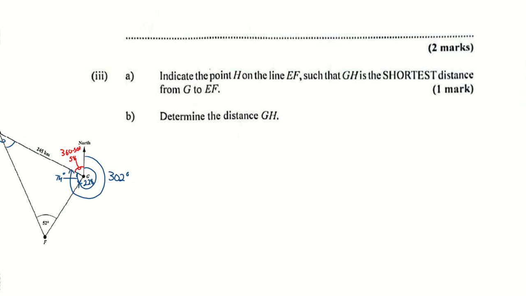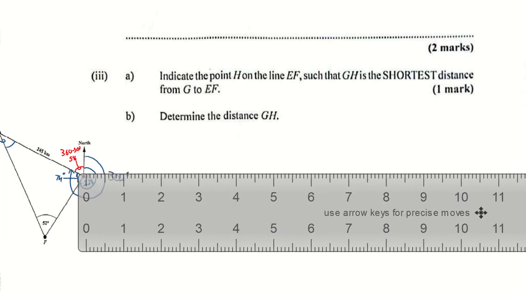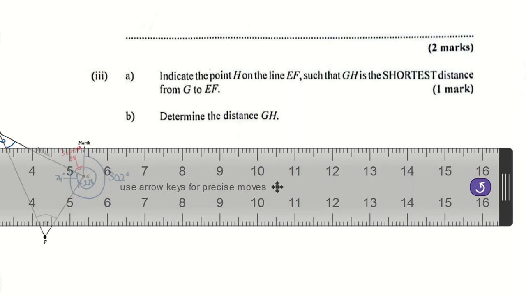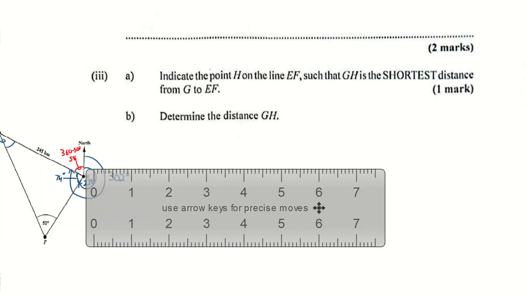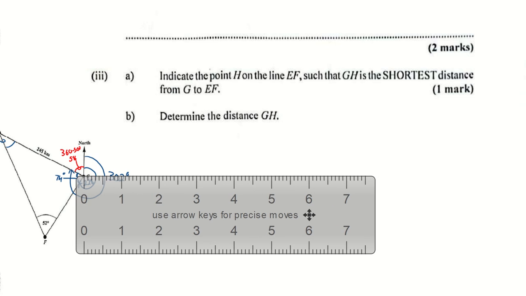Now, it's up to you. You can use a ruler and put the tip of the ruler on G, drag it along the line EF, and see which one would be the shortest distance, right?